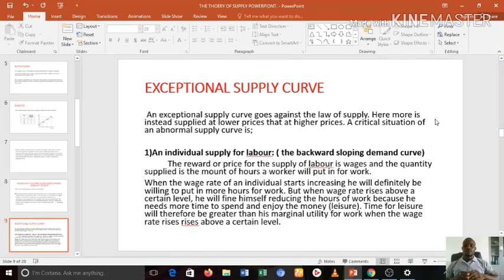But now, the exceptional supply curve goes against that law, against that rule completely. Instead, more is supplied at a lower price than at a higher price. And the first factor which leads to an exceptional supply curve is an individual supply for labor.